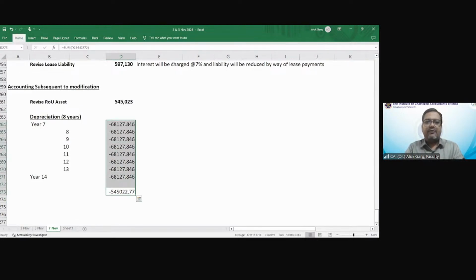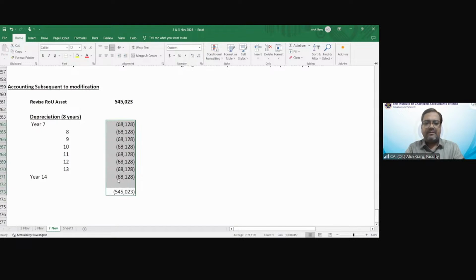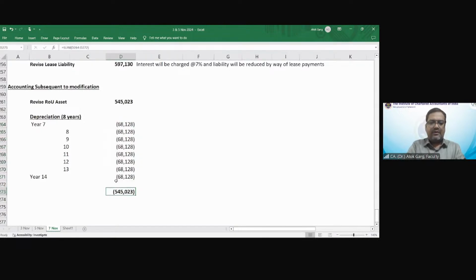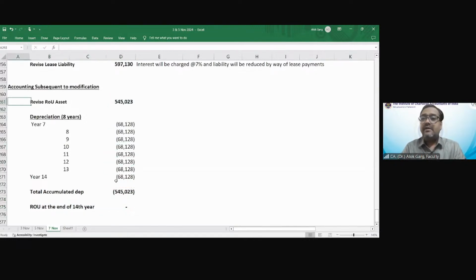What will be my ROU asset at the end of the 14th year? Total accumulated depreciation, so ROU at the end of the 14th year is 0. Is this clear, Anu? This was asset accounting.